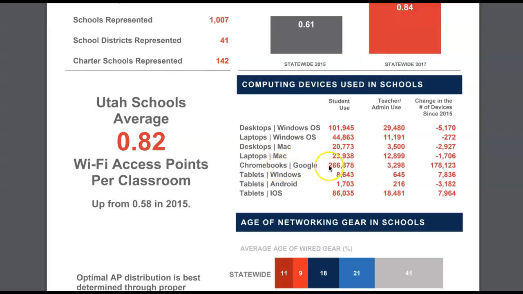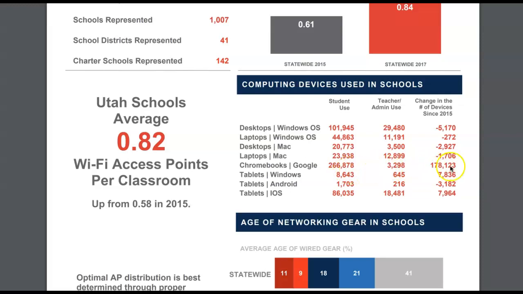In this state, as of 2017, there were 266,878 Chromebooks in the hands of students. Notice the increase here. So almost all of those were purchased in the time between 2015 and 2017, and that is largely due to the introduction of new legislation and funding that was specifically targeted at getting more computing hardware in the schools.